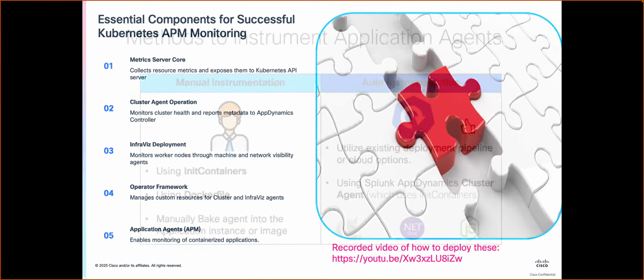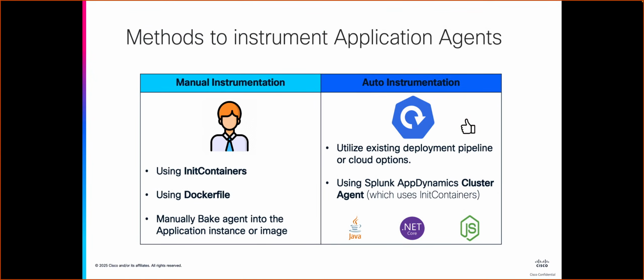All right, so now let's go ahead and continue on. Now, methods to instrument your application agents. Very similarly to what we talked about last time, you have manual instrumentation and auto instrumentation. Typically, it's really good to start with manual instrumentation. However, when you're dealing with Kubernetes, it's so easy to set up automation with the cluster agent that you might just want to jump right into it.